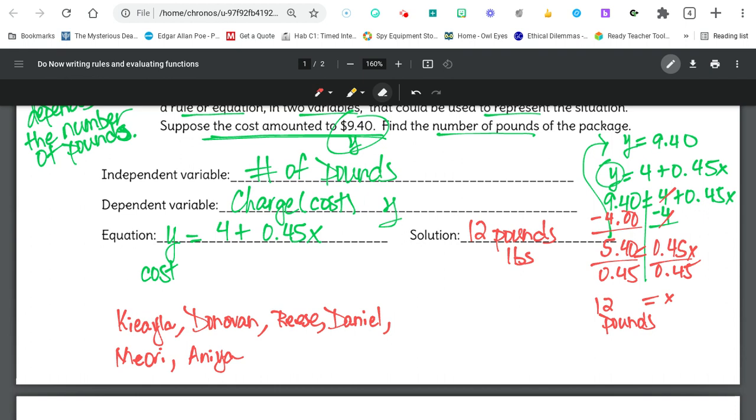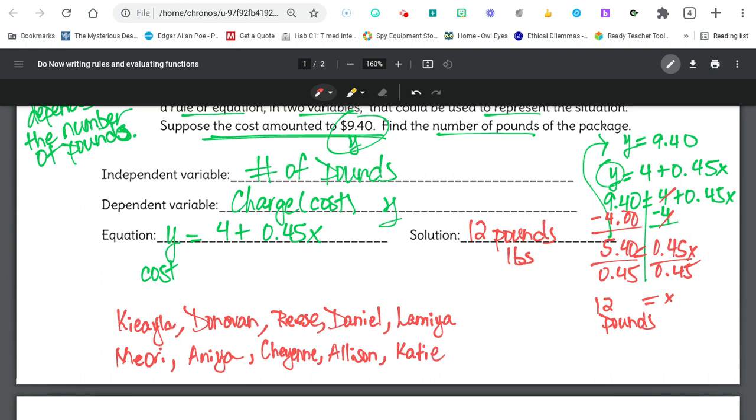Card C is Reese and Cheyenne. Daniel and Allison, I got it now. And then it's Lamaya and Katie.